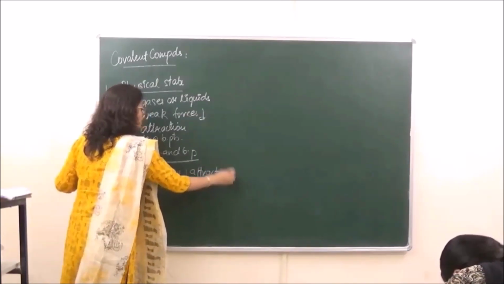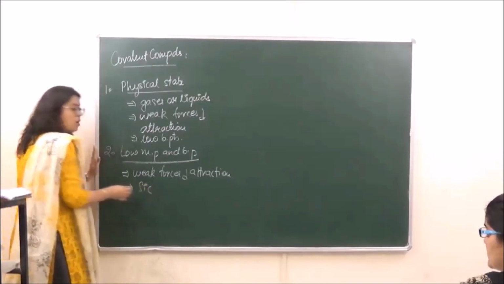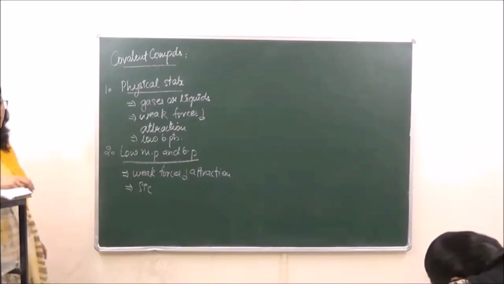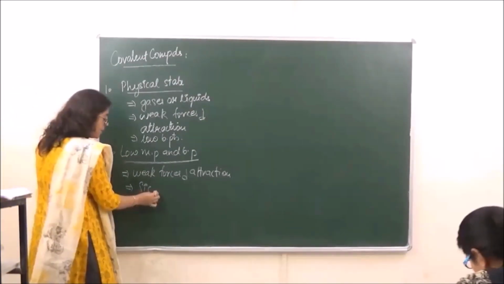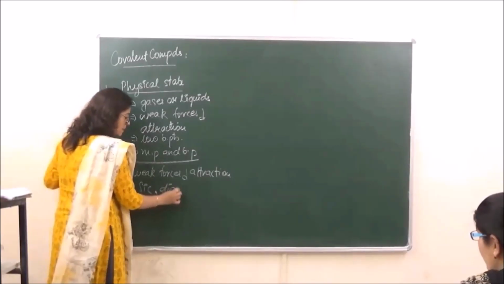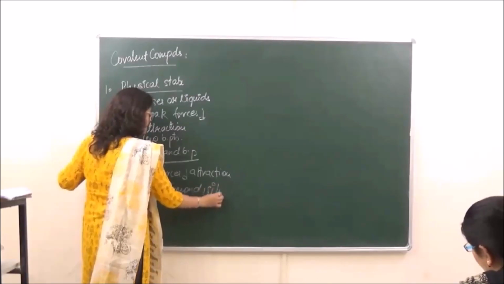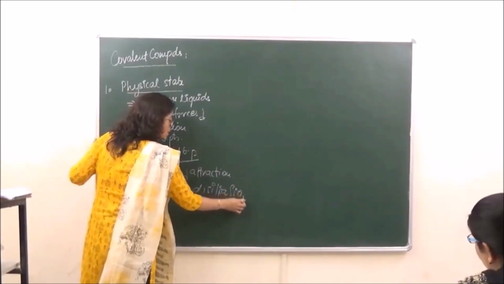except for certain covalent compounds like silicon carbide, which is known as carborundum, then diamond, then silica. Silica is SiO2.